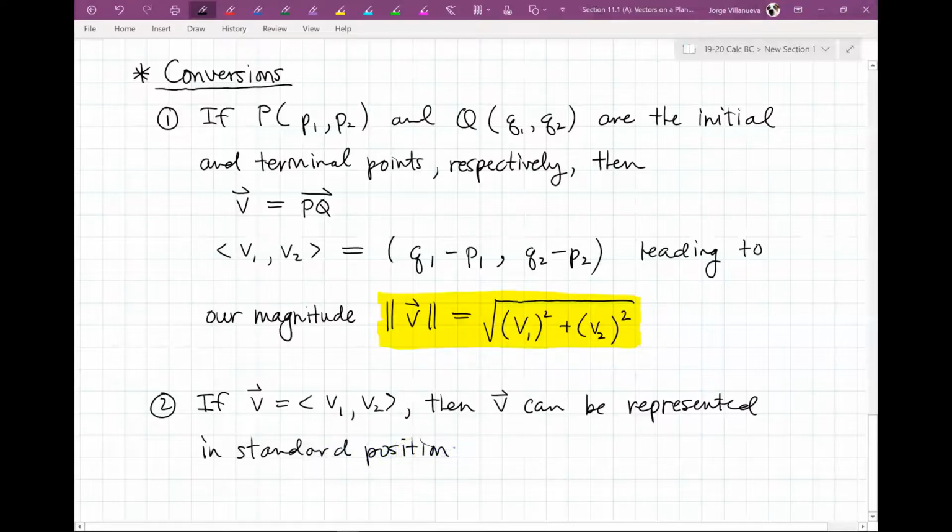So notice we're going to represent a vector as points: a point P, let's say 0, 0, and a point Q, we'll call it v sub 1, v sub 2.